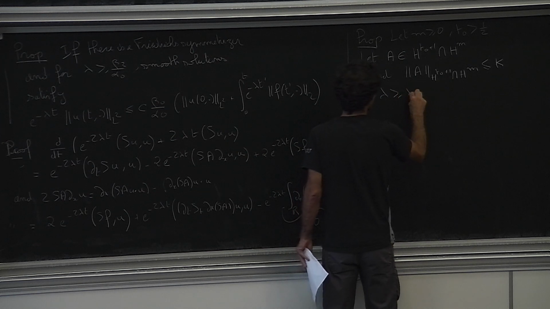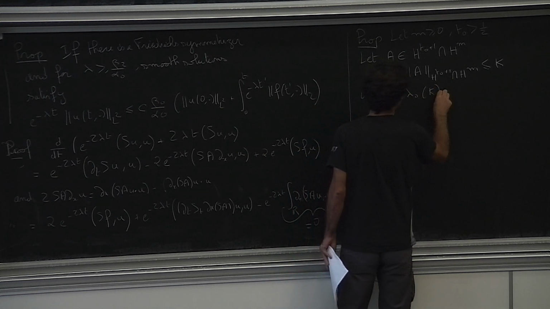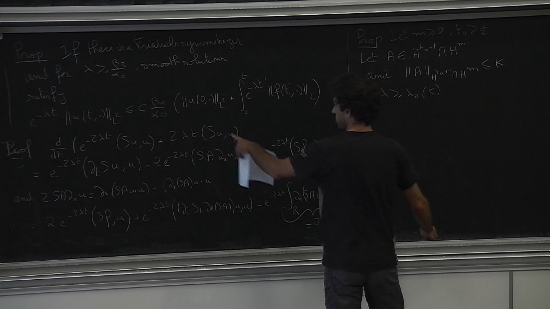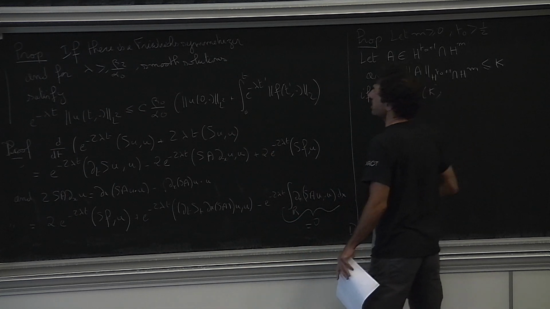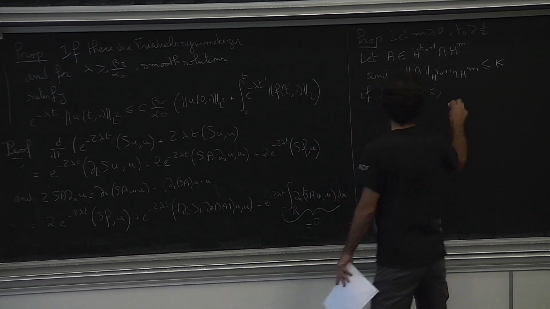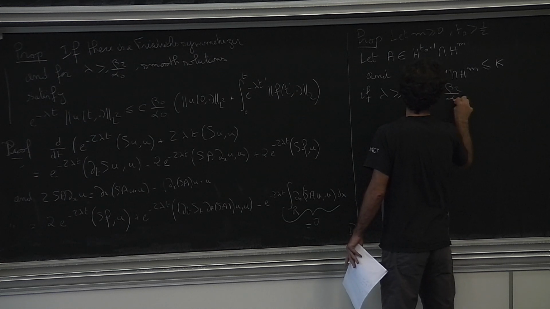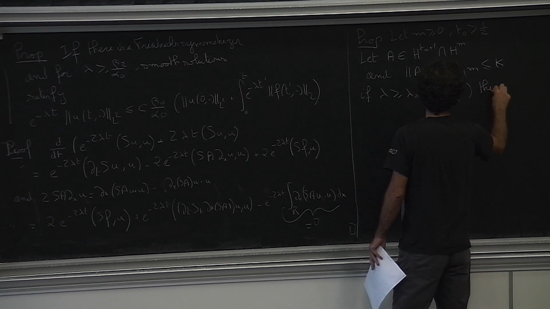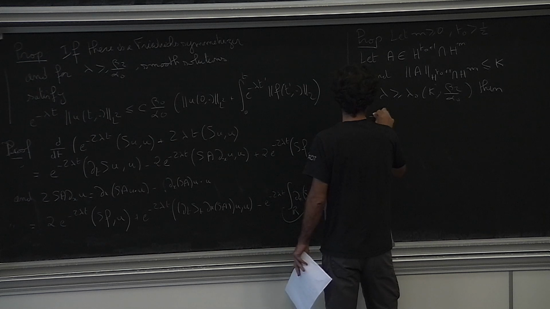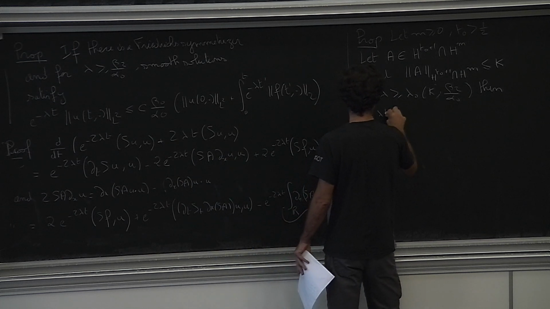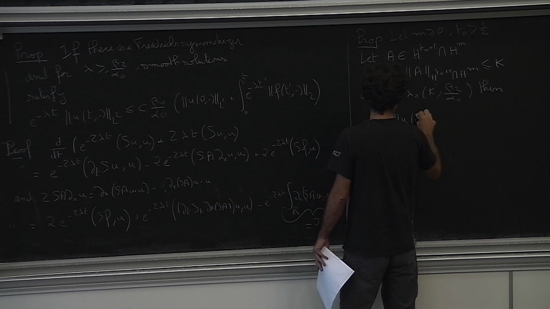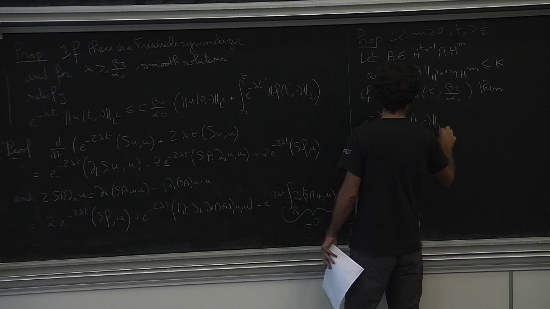So if lambda is larger than some lambda 0, which depends on K, and also on beta 0 over alpha 0, then you have an energy estimate like this one, but in a higher order norm, which is H^M.